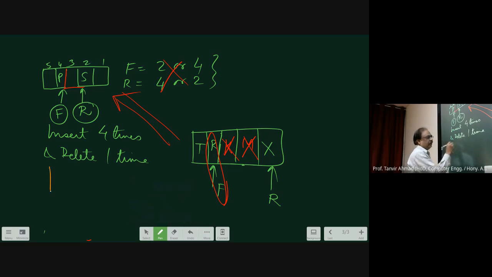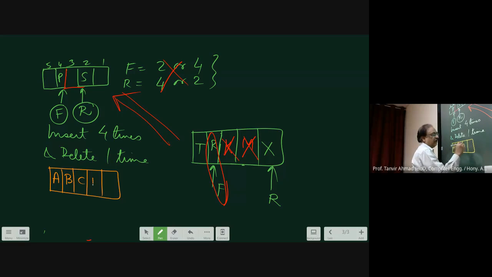Okay, this is the case. You are having, say, over here you are having A and you are having, say, B, C and D. Now tell me, where is F, where is R? Shall I write R here and F here?